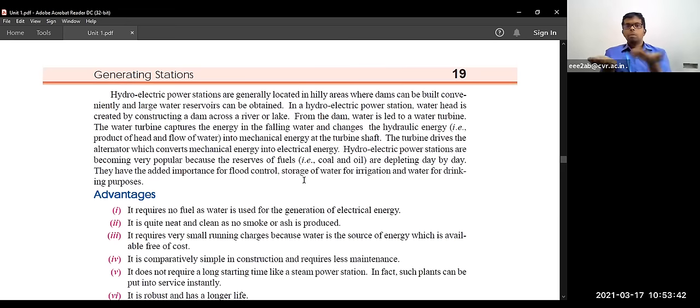Maybe dam one may be 5 kilometers or so away. In that dam the water will be stored, because you can't simply let that water go. We are utilizing some TMCs of water for irrigation and drinking water, as well as for generating power.